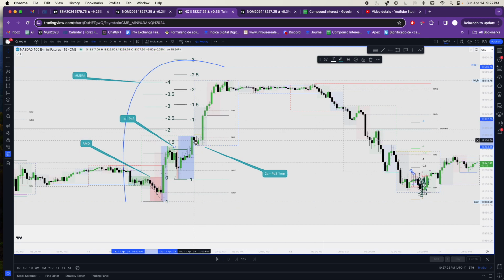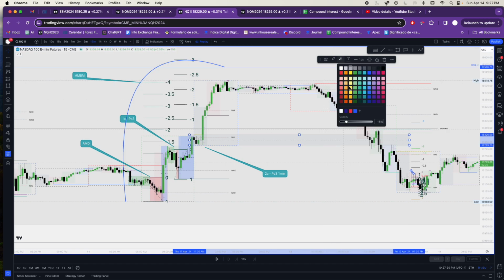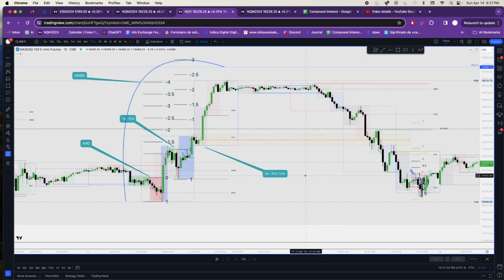Where are our stages of distribution? We have one here. Let's just give this a different color. And then we have another one here.